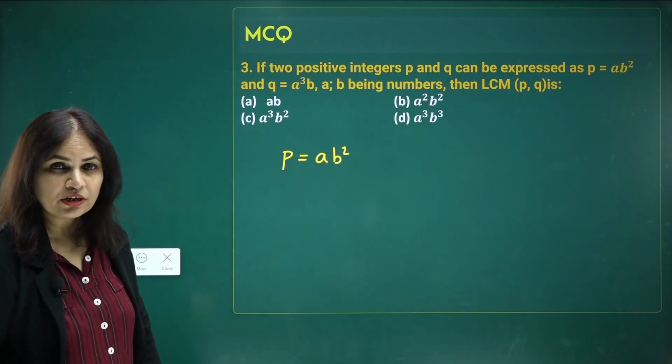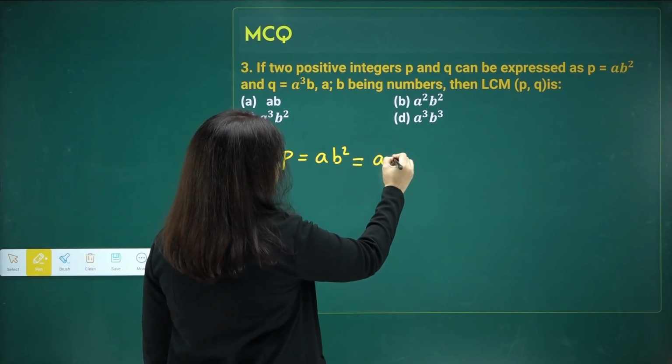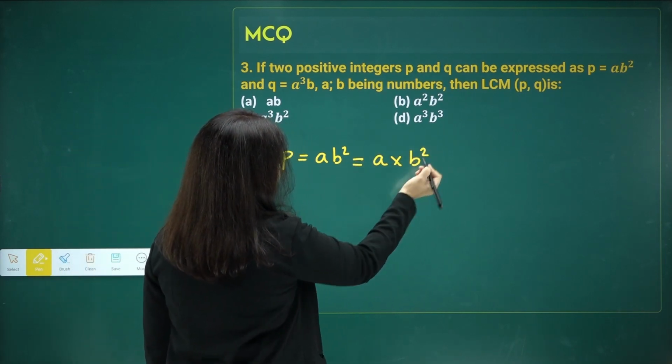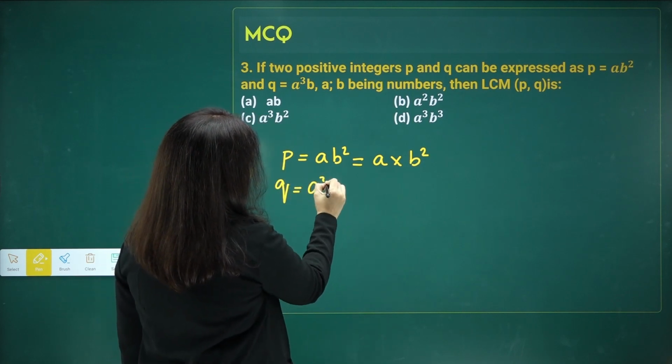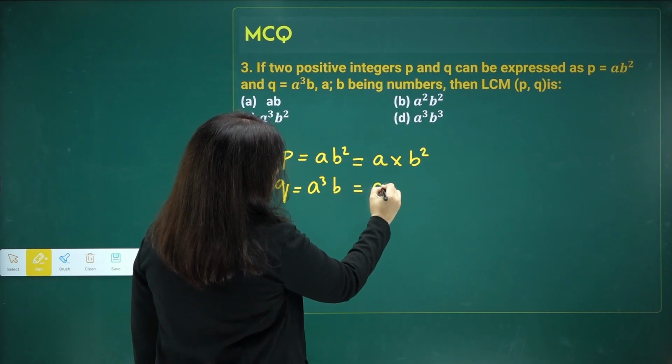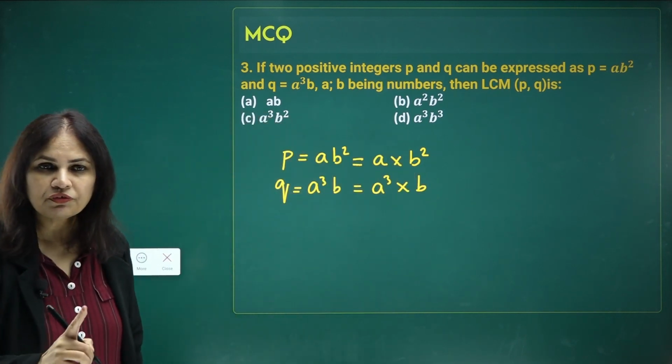And we know to find out the LCM, we need to prime factorize them or split them into co-primes. p is a into b square. Similarly, q, which is equal to a cube b, is a cube into b. And what is the rule for finding the LCM?